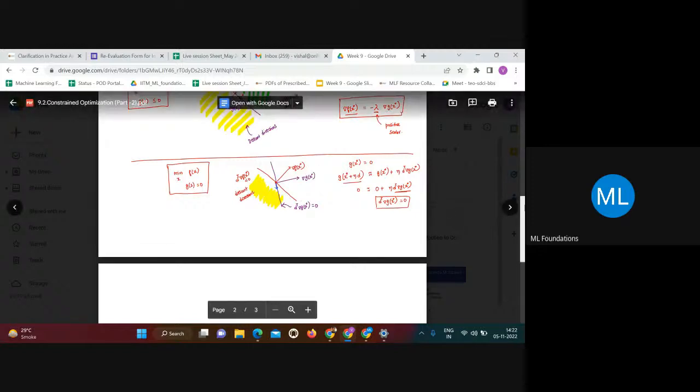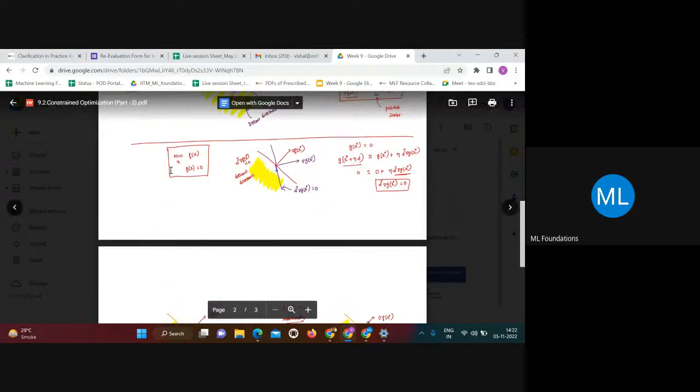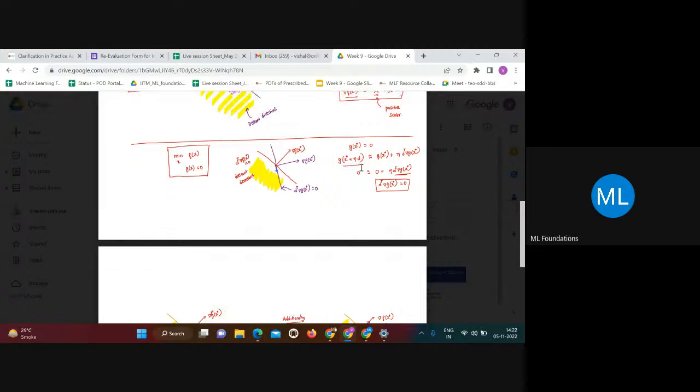For example, for this function g(x star plus eta d), with the help of Taylor you can write this form. But what you need is you want this to be zero, right? So if this is zero, then this should also be zero.